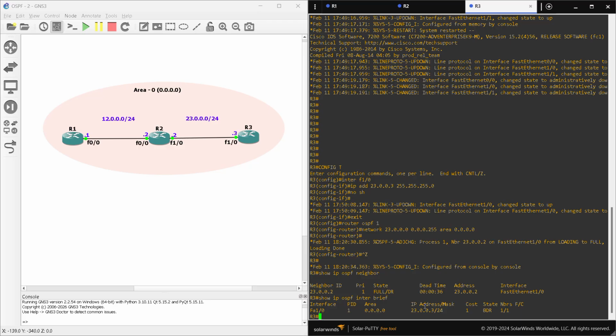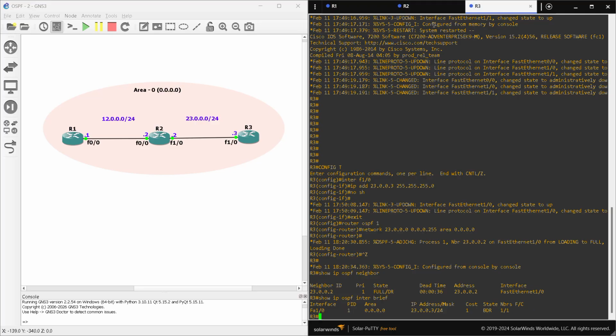This is on FastEthernet 1/0, operating in this particular area. This is the IP address 23.0.0.3/24, and it has a neighbor connected to it, which is our R2.